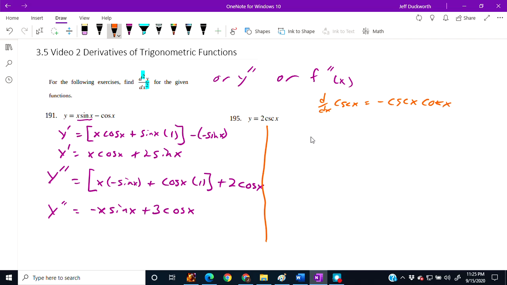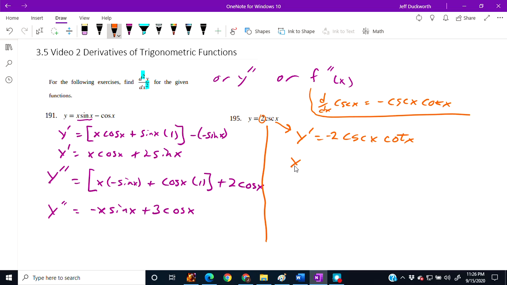So this one here is simply y prime equal to 2 times that. So negative 2 cosecant of x cotangent of x. So this is just a sidebar. This is where we're actually going because there's a 2 there. So the first derivative, no problem.